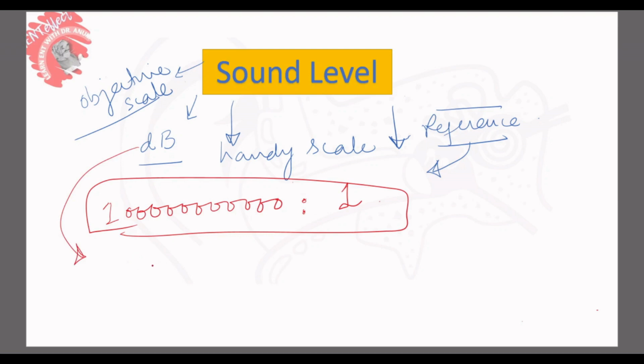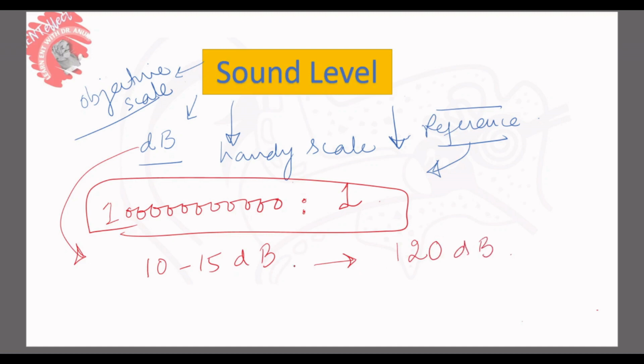For example, the intensity of a whisper is about 10 to 15 decibels. And if you go into an area where there is an explosion, the intensity of that sound will be around 120 decibels.